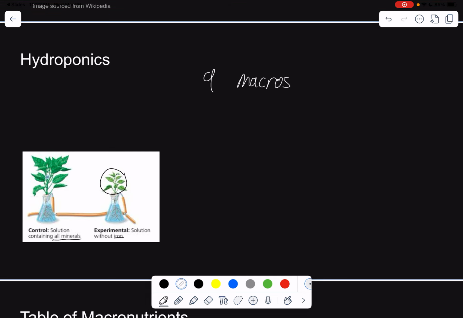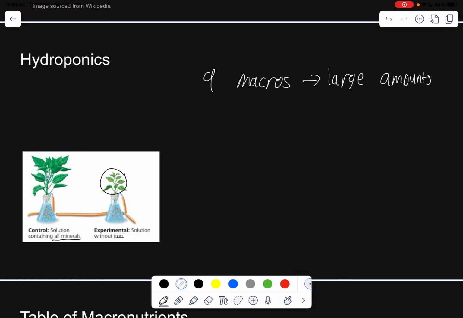Now, such studies have helped identify 17 essential elements needed by all plants, which are 9 macronutrients, and 6 of these are the major components of organic compounds forming a plant's structure. 9 of these are called macronutrients because plants require them in large amounts. That does not mean that they are more necessary than micronutrients, however.